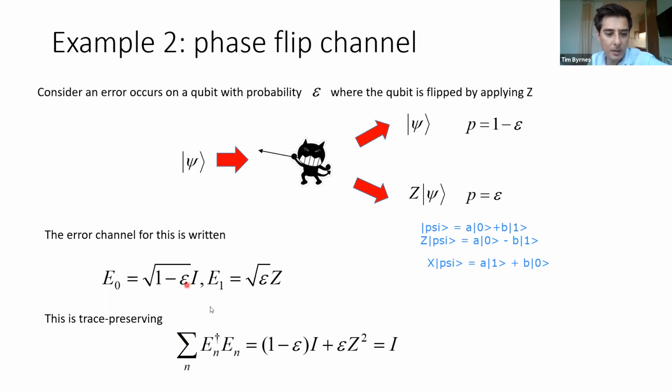This was the E dagger 0, E0 term, and this is the E dagger 1, E1 term. If you substitute that into here, you can see that this is identity, so it preserves the trace. Okay, so that's phase flip.